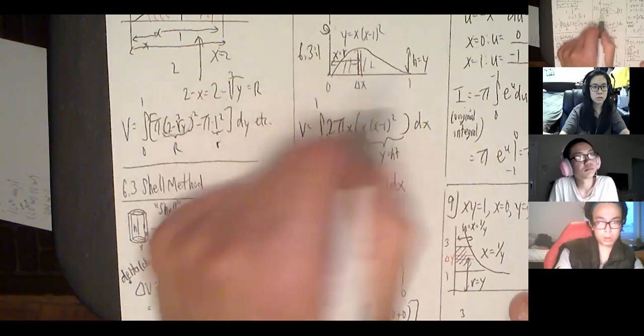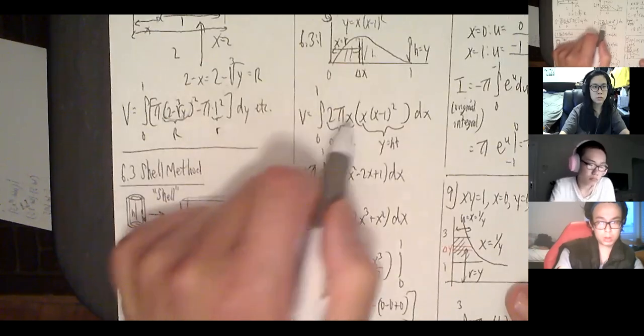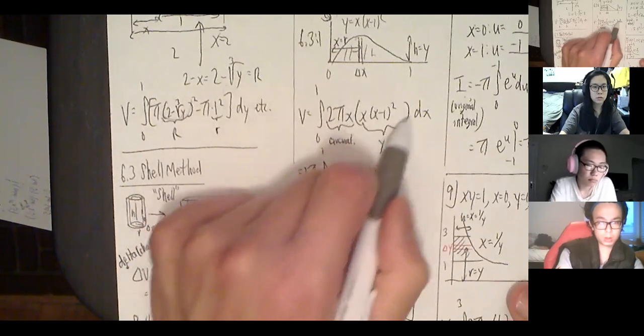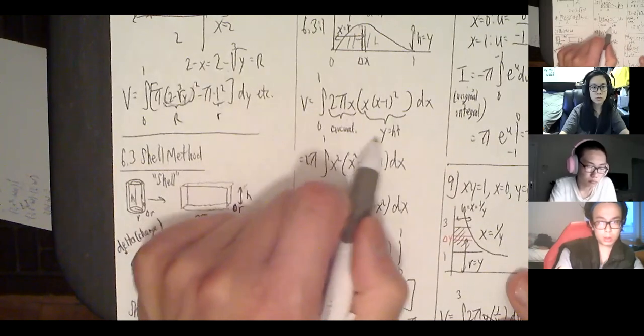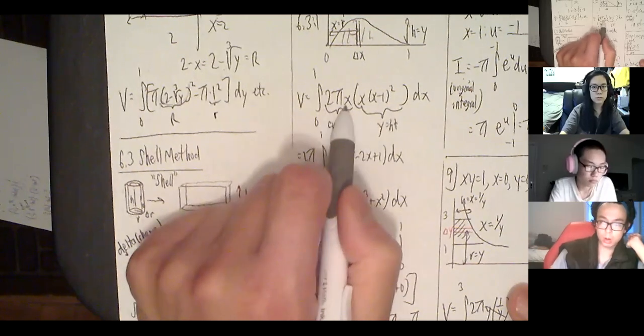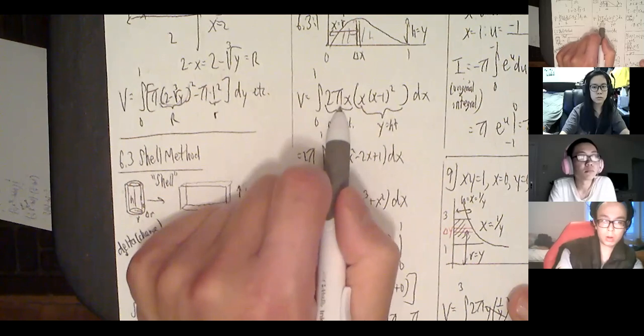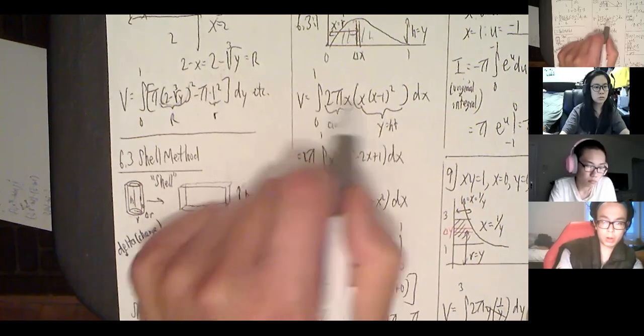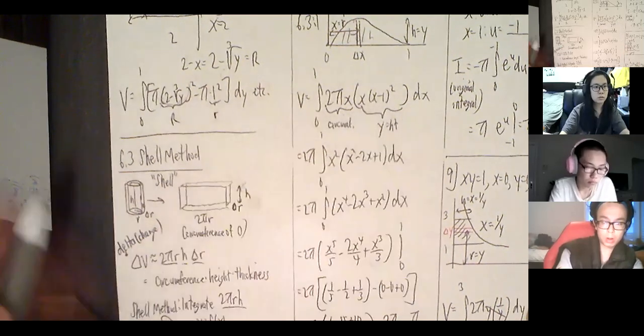All right, so the integral is from 0 to 1, 2 pi x y. So y is the height. If you can't read that, that's h for height. Here's the circumference, 2 pi r, 2 pi x. So we're talking about circumference times height times thickness, that we were saying, right?